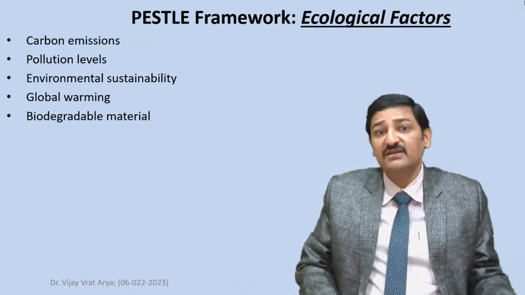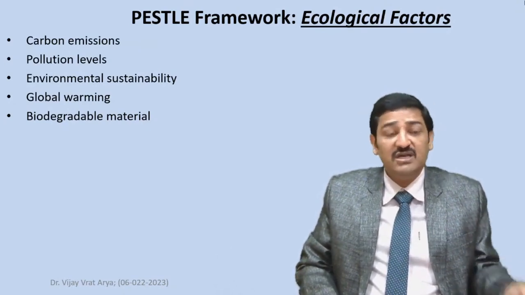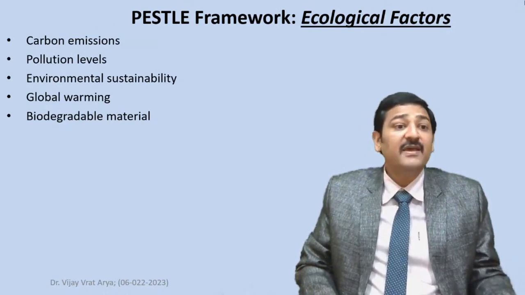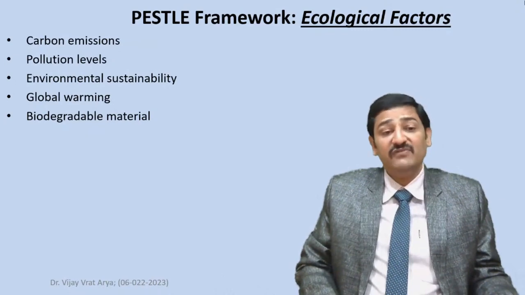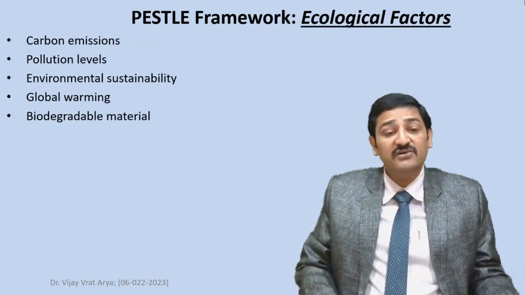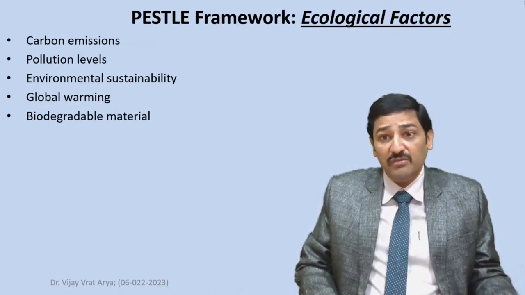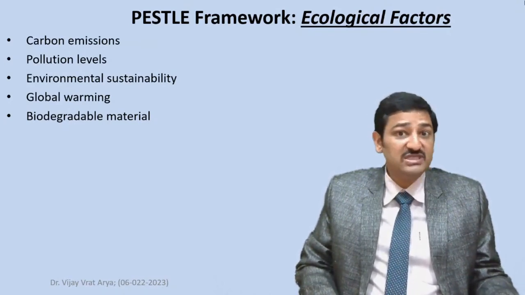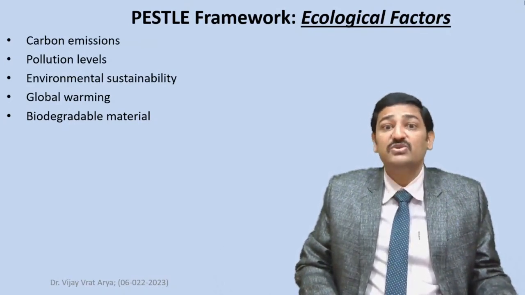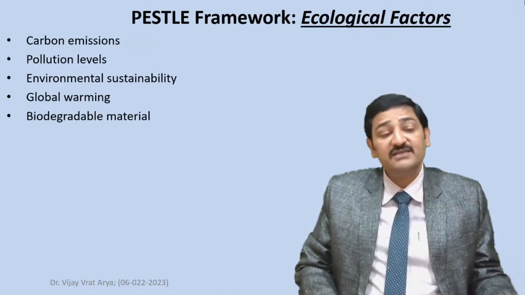Is there some timeline to which carbon emission has to be restricted, or the pollution level in a specific region, environmental sustainability related aspects, the government position on environmental sustainability, and specific initiatives being taken, which need to be considered and addressed.